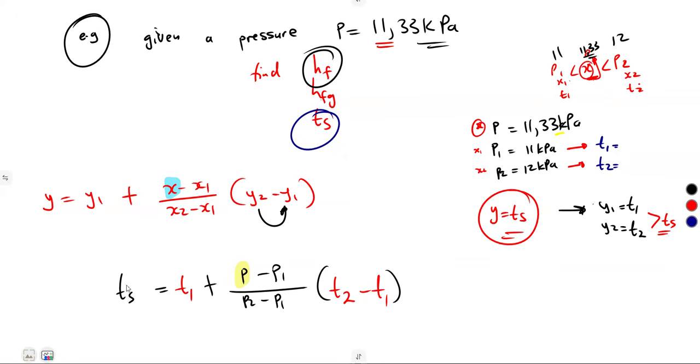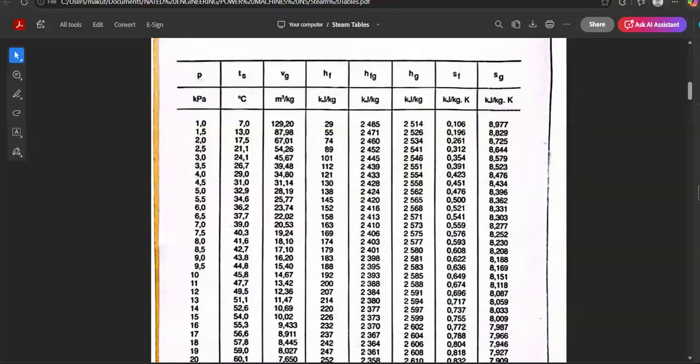So what is the value of T1? Because we already have those pressures, guys. What is the value of T1 and T2 corresponding to the pressures? At P1, 11 kilopascal, let's check. What is our saturation temperature here? At 11 kilopascal, that's our Ts in degrees Celsius, 47.7.